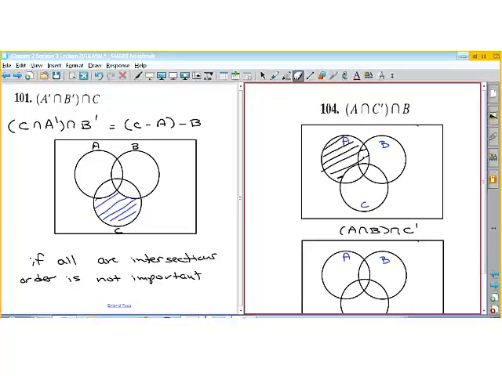C prime is everything outside C, but in this case, instead of doing A intersect C prime, I just did A minus C. They give you the same result. I took A and then I erased C to get this result.